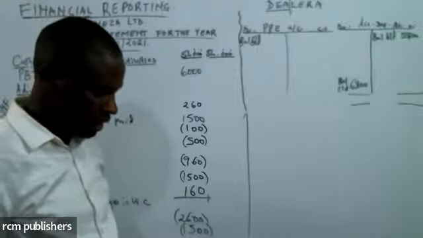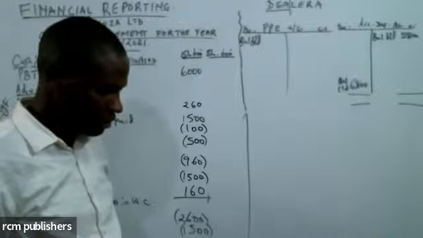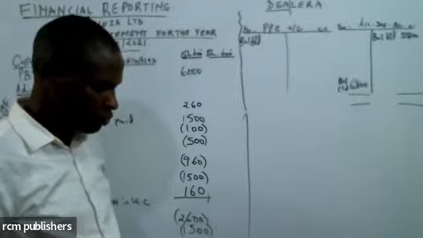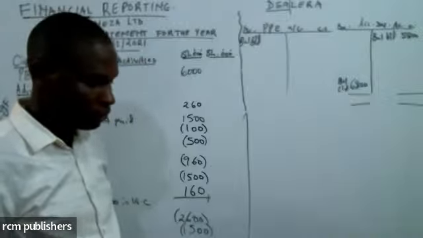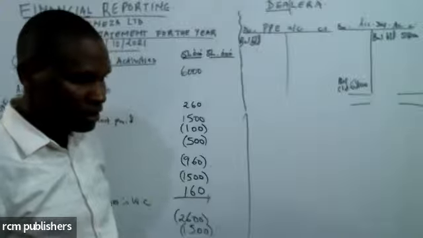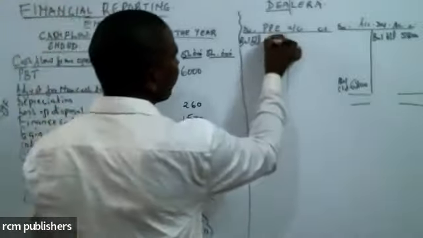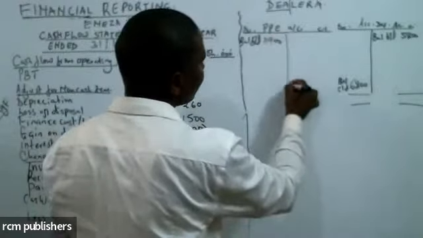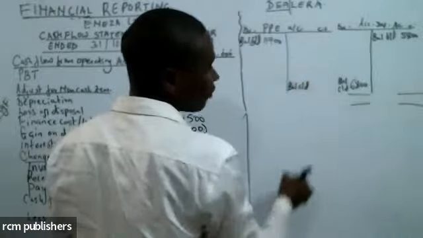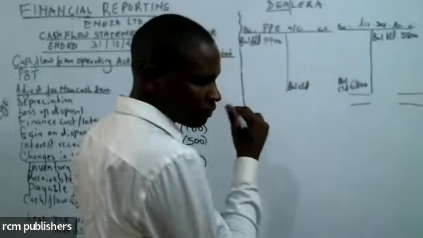What is the balance at cost? Of course, let's use the cost side. I'll show you when to use the net book value. It is 11,900. And then we have the balance carried down. Is it 14,400?